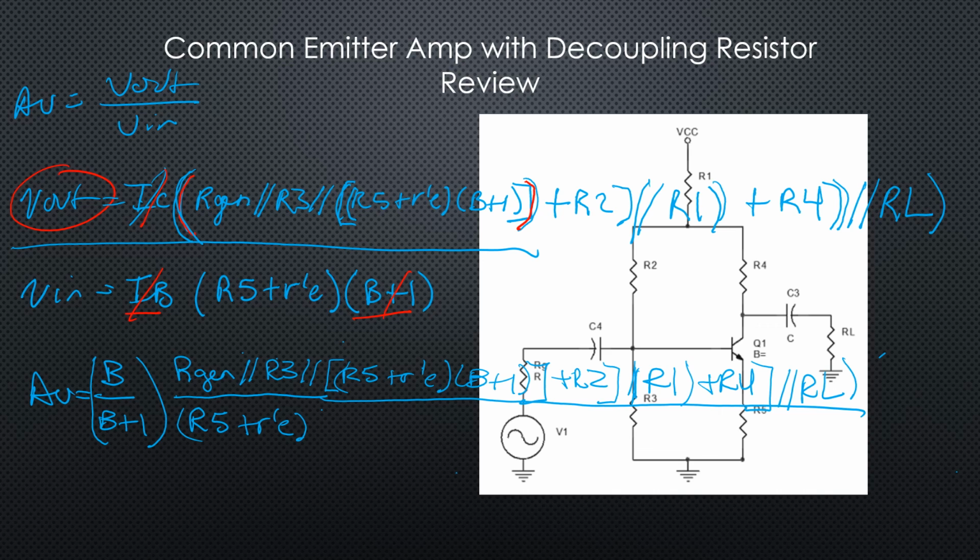That's 27K. R2 is 27K in parallel with R1. R1 is about 1K, so that's going to be 1K. Now that's in series with R4, so 1K plus R4 is 3.2K in parallel with the RL of 1.768K, and then simplify it right down.